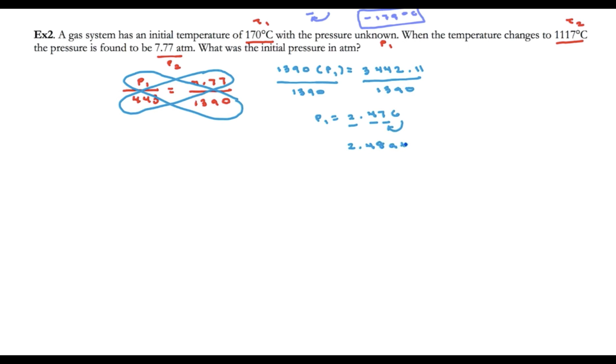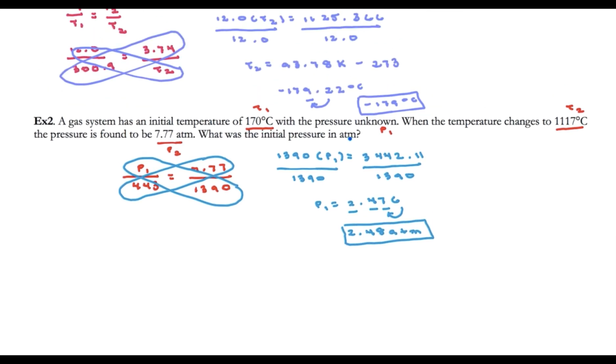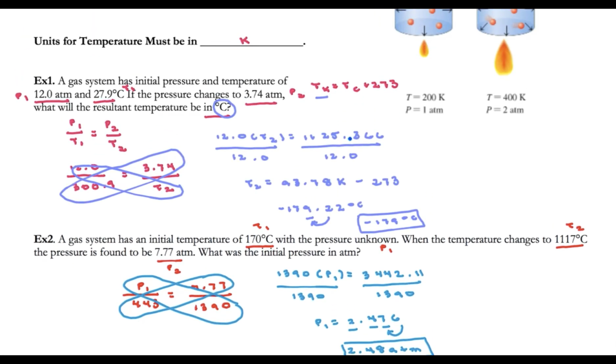I'm going to really quickly go back to the first example problem and make sure that both of these answers make sense. So remember, for the first problem, you are decreasing your pressure. So if you decrease pressure, that means your temperature should also decrease. Well, my temperature goes from 300.9 Kelvin to 93 Kelvin, or from 27.9 to negative 179.